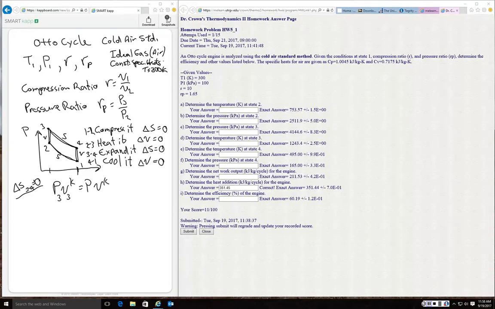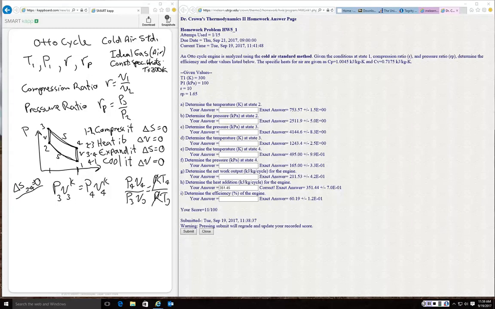And the other equation I'm going to use is P4 V4 equals RT4 over P3 V3 equals RT3. And I'll just divide one equation by the other. The R's cancel. And in this case, the V's don't cancel, so I'm going to have to find some kind of relationship there.